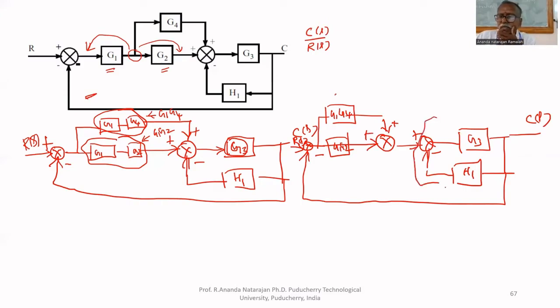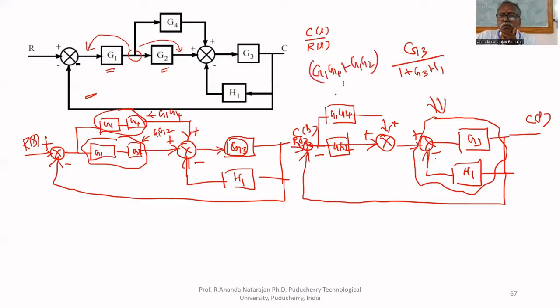So by using the seventh rule, we can simplify this. So this is equal to what? G3 upon, because negative feedback, 1 plus G3 H1. These two are parallel, that's why we can write G1 G4 plus G1 G2 for this. Then one more feedback, that's all.